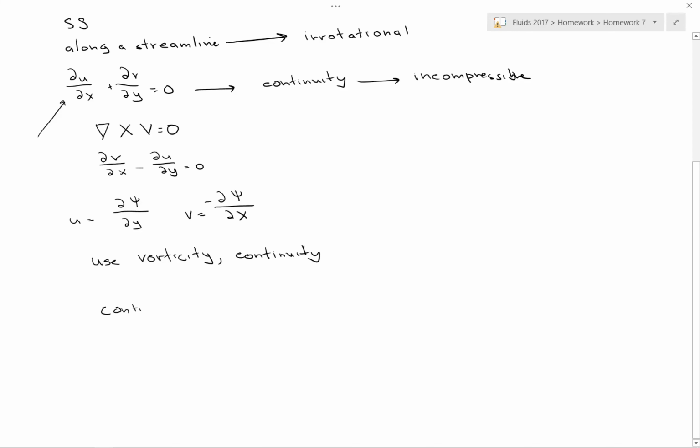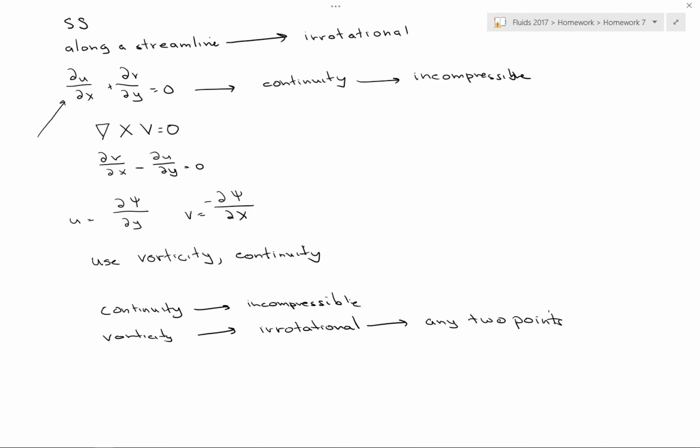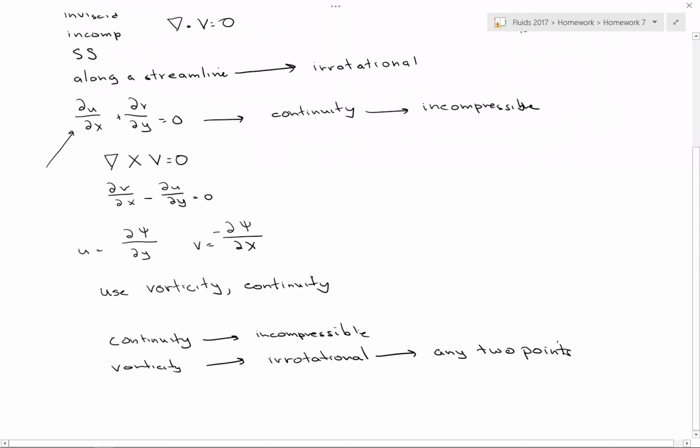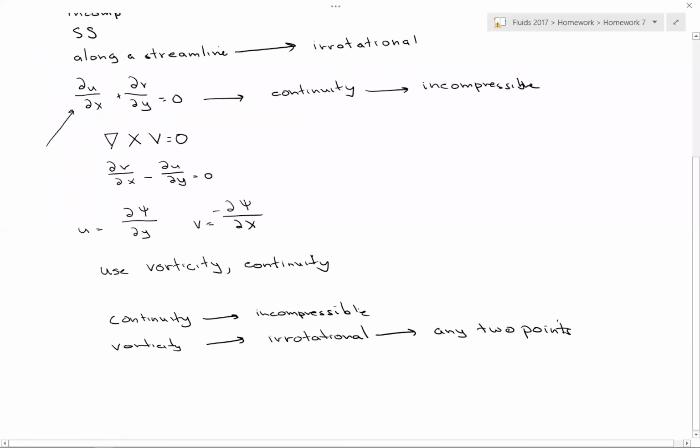But if you do irrotational, and I'm asking between any 2 points, then you can use it. In terms of steady state, we already showed that it is not a function of t. And in terms of inviscid, it doesn't say that it's a viscous fluid, and you can assume that it's not viscous unless told.